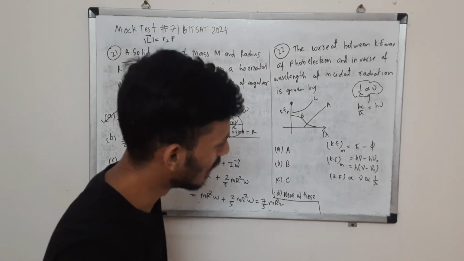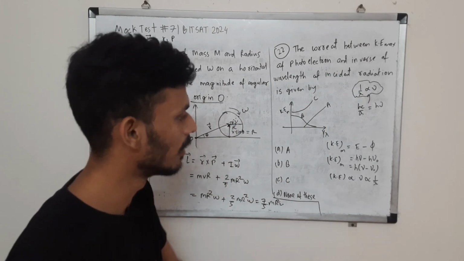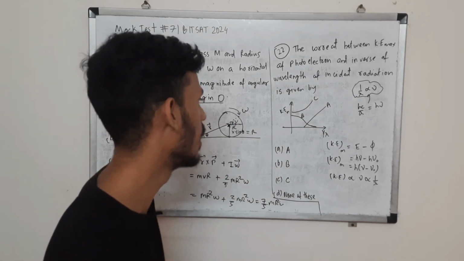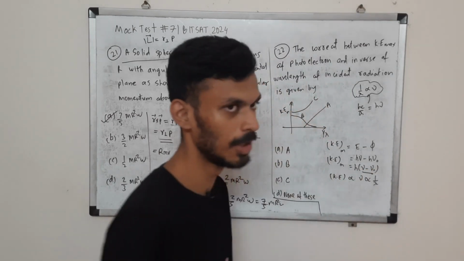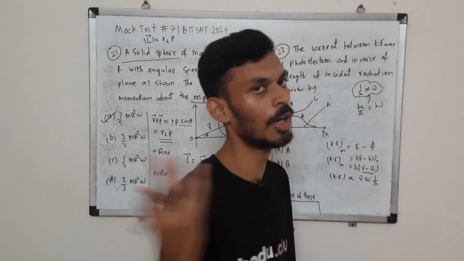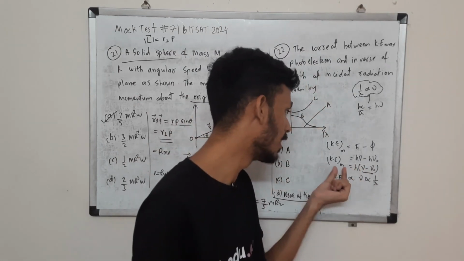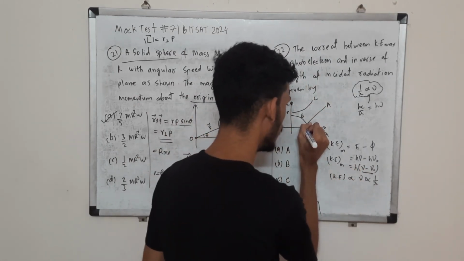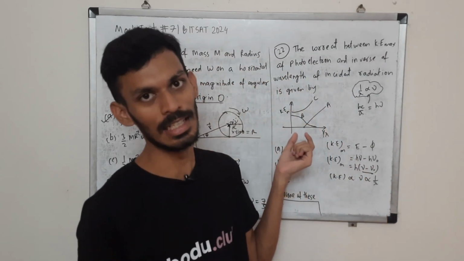That is the relation we obtained. So it will be a straight line, right? The logic says it will be a straight line, and you can also see why it won't begin at the origin, because it has some factor nu naught in it. When your nu is equal to nu naught, kinetic energy will become 0. So at this point, kinetic energy is 0.